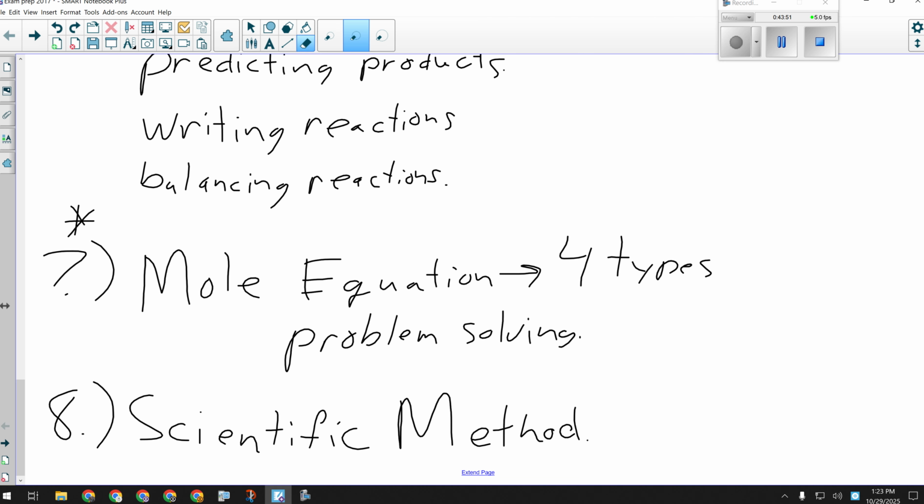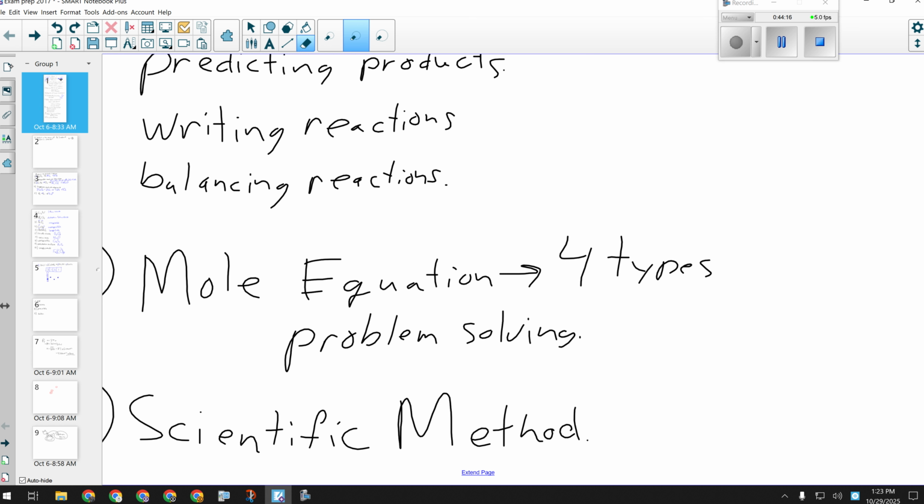There are 4 types of mole equation questions. Right before we were so rudely interrupted, we had spent a few days talking about the different ones, and I had gone over a few examples of each one. In fact, we did several examples of each one each day for almost a week. And so you have a whole bunch of examples of each type. There are 4. So what I'm going to do is put up a couple here, and let's see what we remember from this.